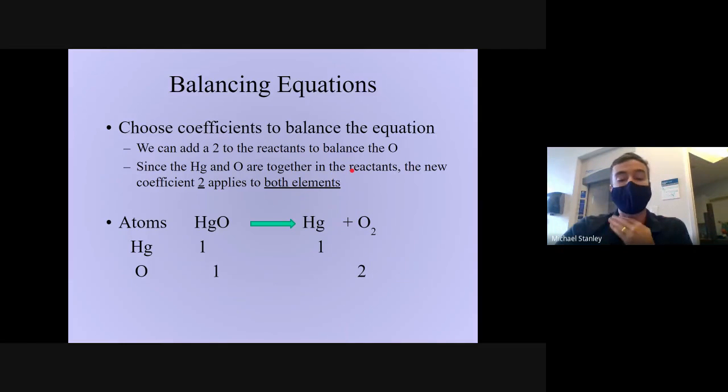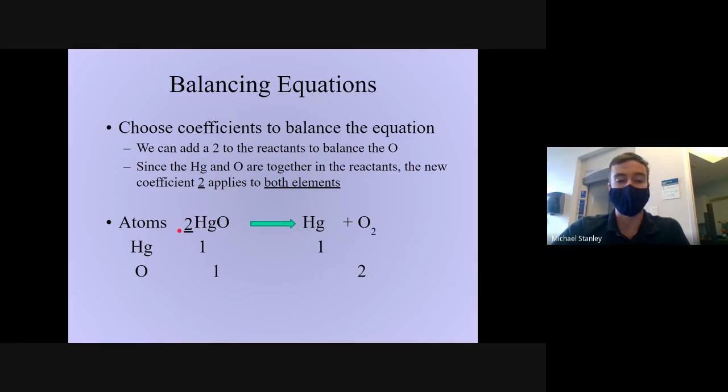So the next thing that we can do is try to adjust some of our coefficients and see if we can make our oxygens balance. So what I'm going to try and do is change this coefficient over here into a 2. Right now there's not a coefficient there, which is similar to having it just be a single one. But what if I make this a 2?